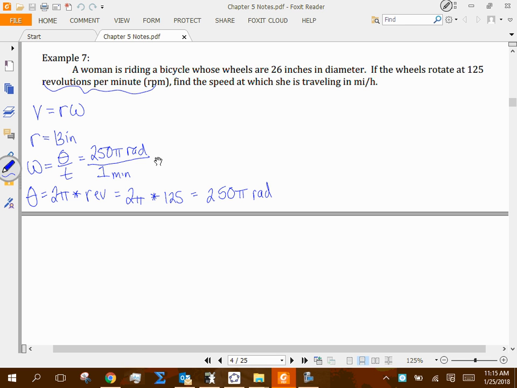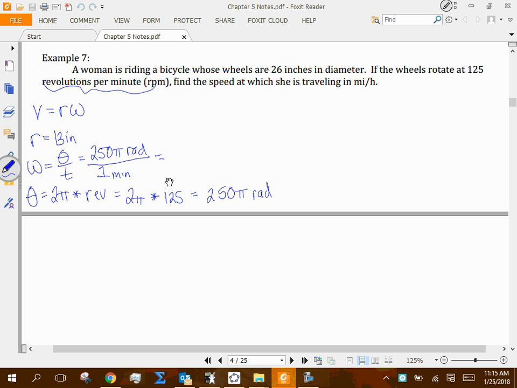I now have my omega, or my angular speed, to be 250 pi radians per minute. Okay. And when we find theta and we find omega, those two things are descriptions about an angle. So you need to leave the radian unit in there, right? So it's an angle per unit of time. So radians per unit of minute.